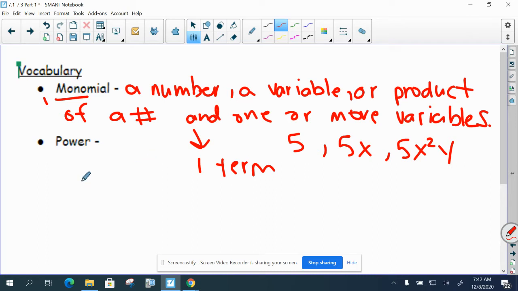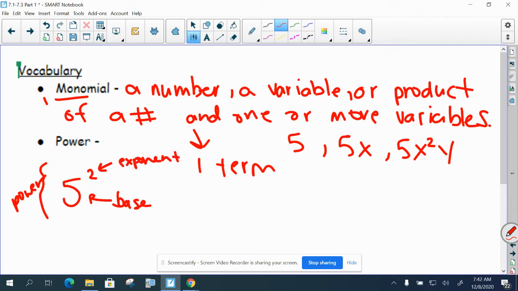And then a power is, a lot of times we interchange power with exponent, but a power is the actual entire term. So for example, if you had 5 squared, that is the power, where 5 is called the base, and the little number up here is called the exponent.